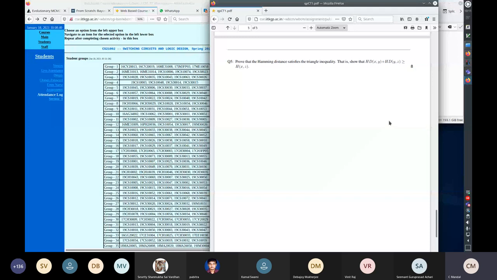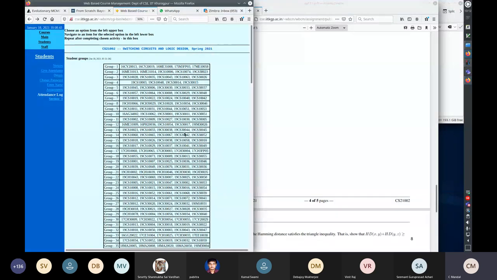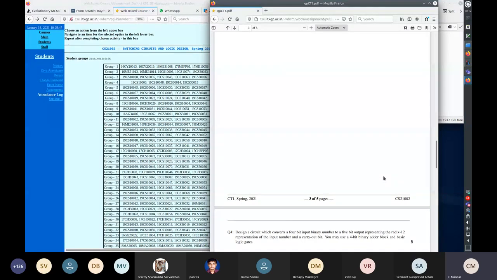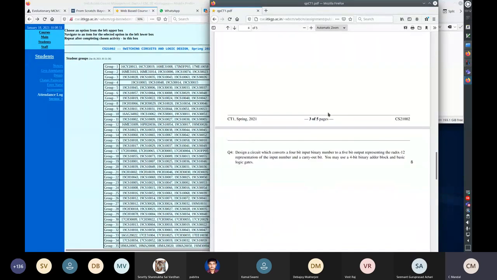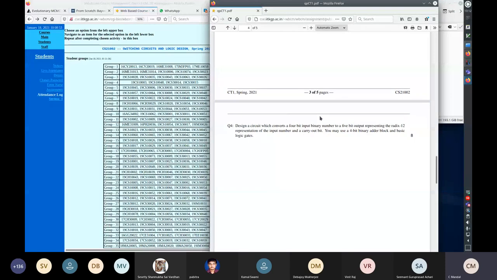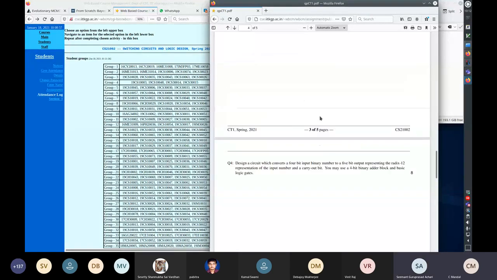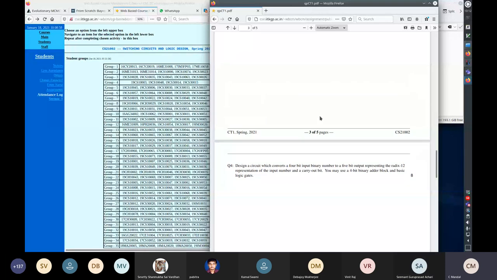And in most of the groups, there are 5 people. So we expect everyone to answer one question. And of course, you should discuss among yourselves so that you know how each question is answered. So it is expected that you will cooperate among yourselves and distribute the load evenly. All right.